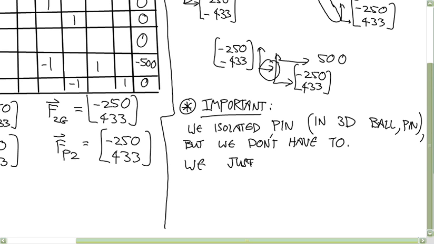just have to be consistent about what body we want to consider the pin a part of, okay? So we're just going to assume we don't really care what's happening on the pin. The same story will be told by saying we'll always consider the pin to be part of member A, or we'll always consider the pin to be part of member, what did I say, 1 or 2.